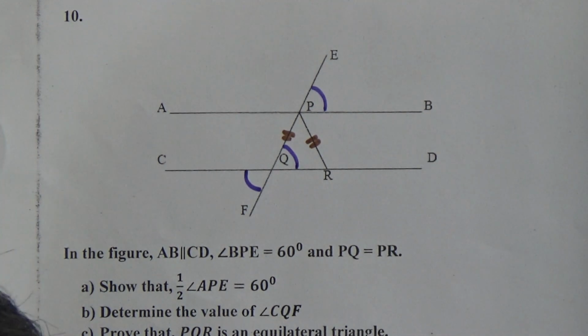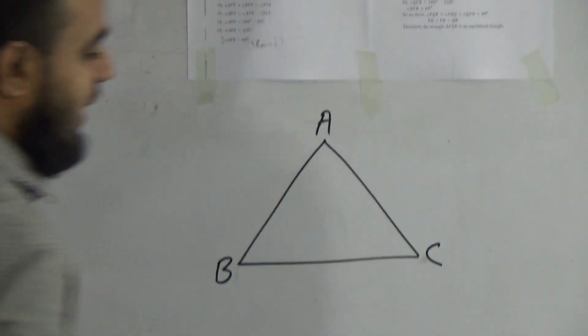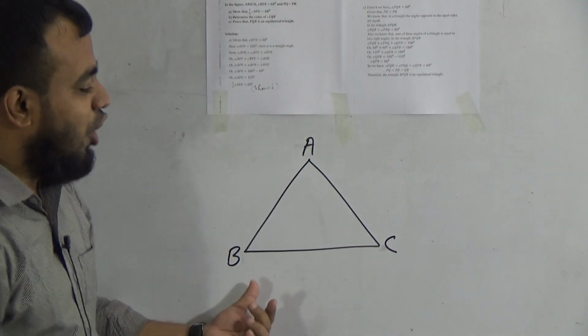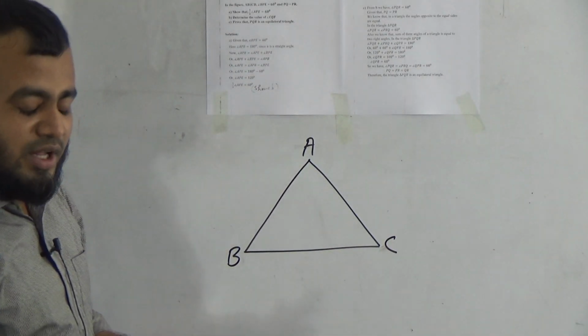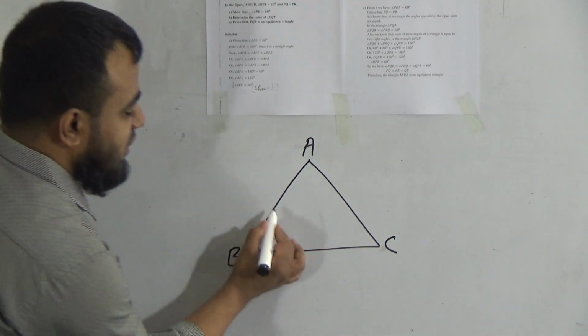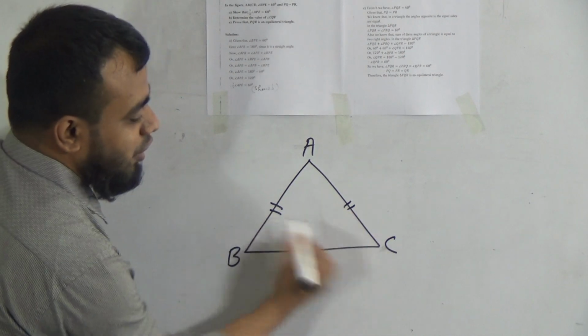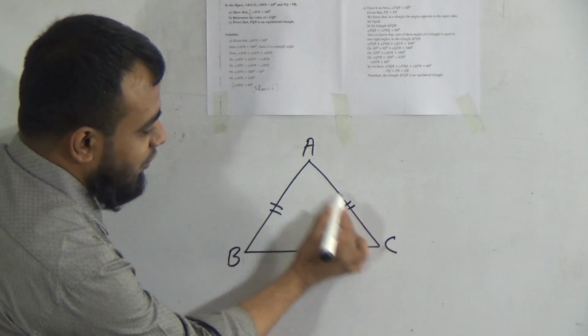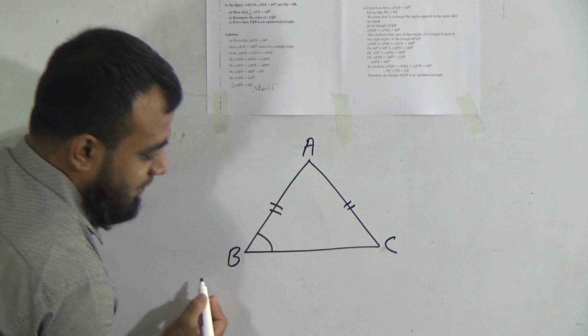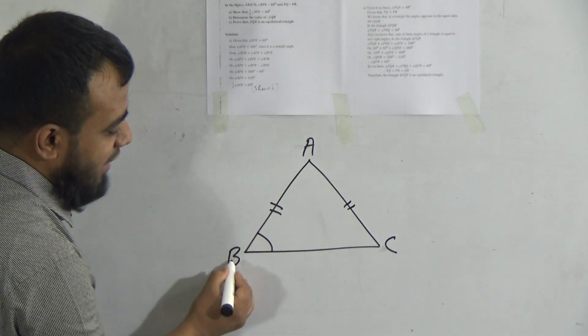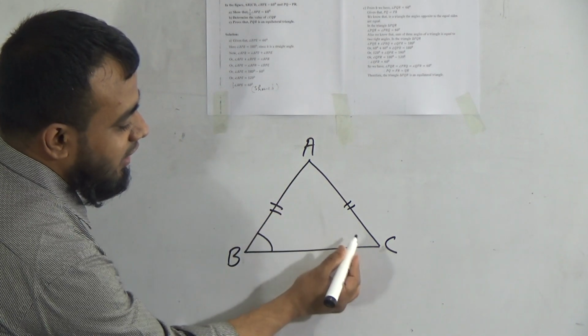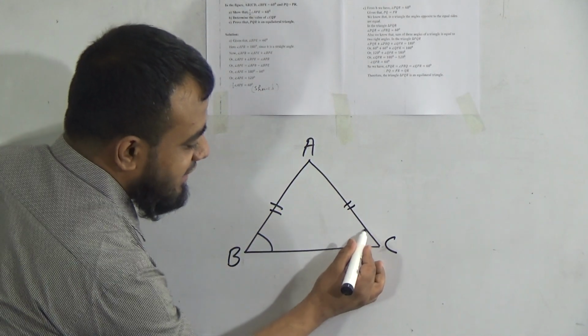Suppose this is a triangle with angles A, B and C. The opposite angles of equal sides are equal. That means if these two sides are equal, then the opposite angles of these two equal sides are equal. So the opposite angle of AC is angle B, and the opposite angle of the side AB is this angle C.